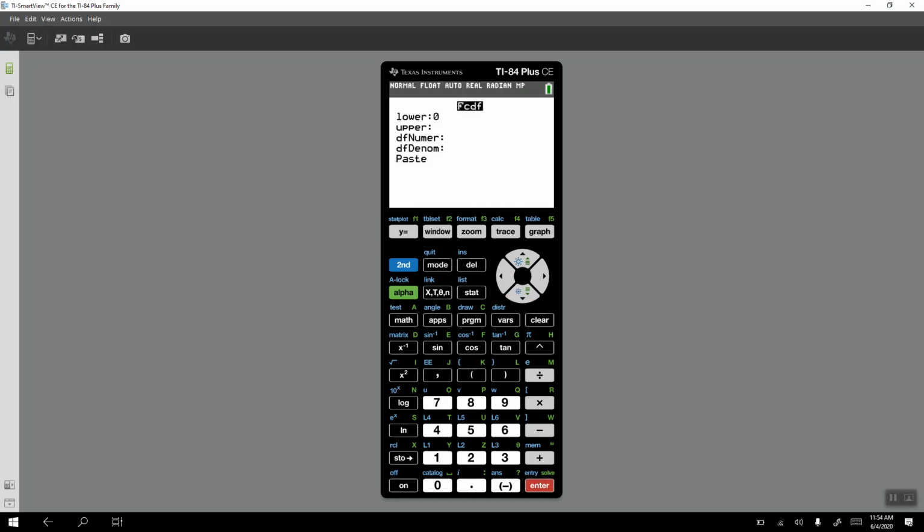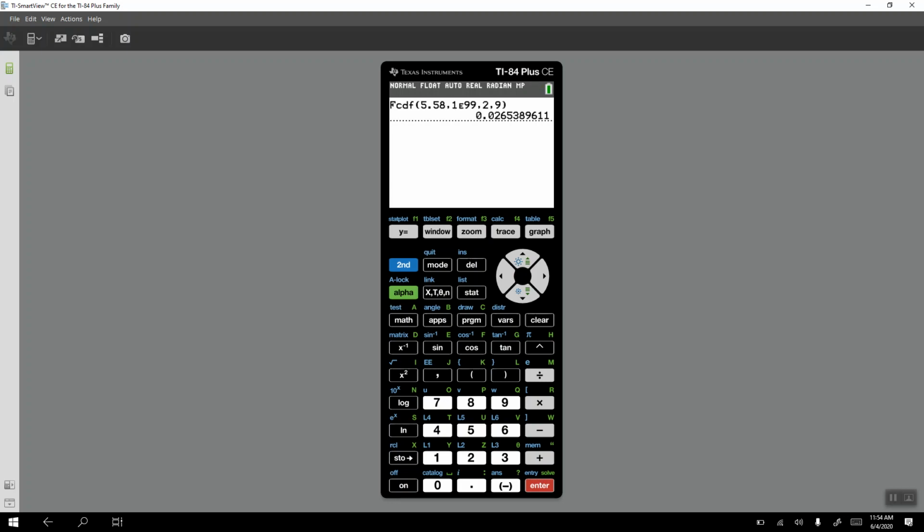We need a lower bound, which we found to be 5.58, and the upper bound, which is going to be 1E99, some very large upper bound. Then the degrees of freedom for the numerator, k minus 1, is 2. Degrees of freedom for the denominator is 9. Press enter, and lo and behold, we get a p-value.